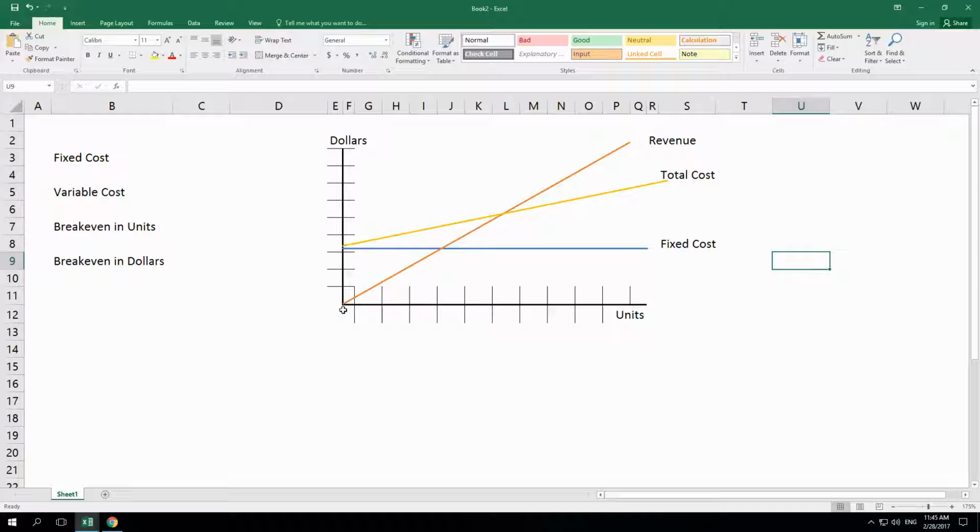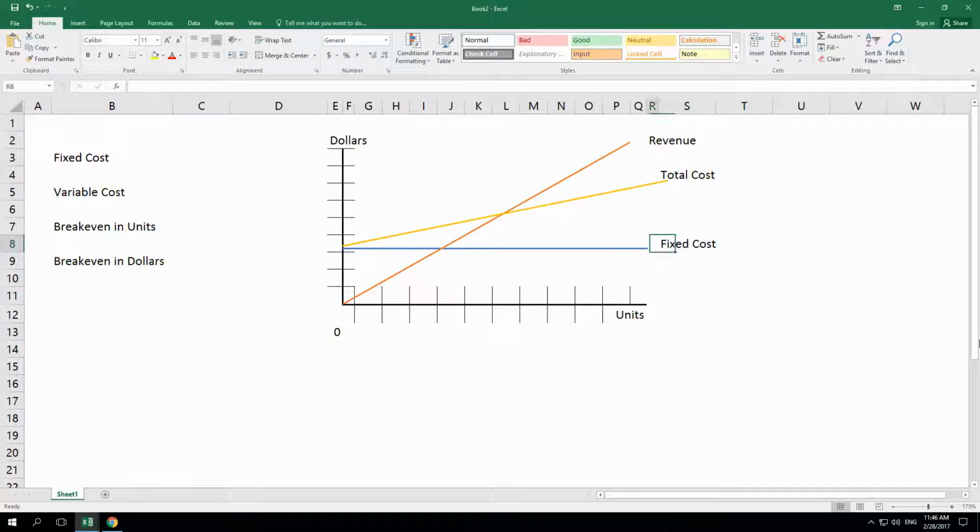Even if you sell zero units, you're still going to have a certain level of fixed cost. That fixed cost is not going to go away whether you sell units or not, and as you sell more units, it remains constant.